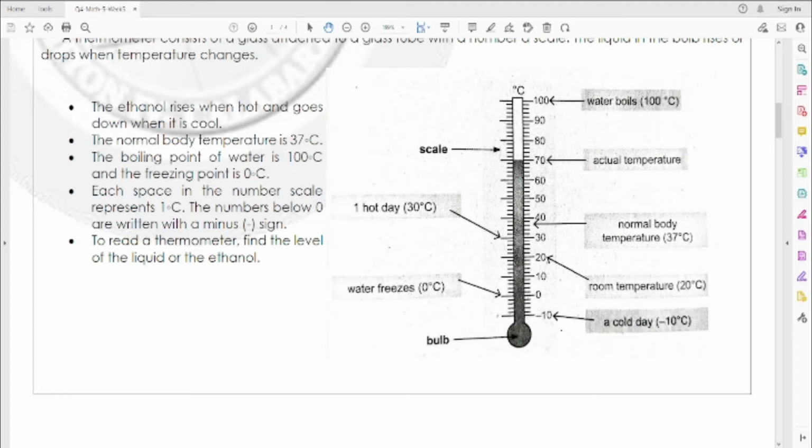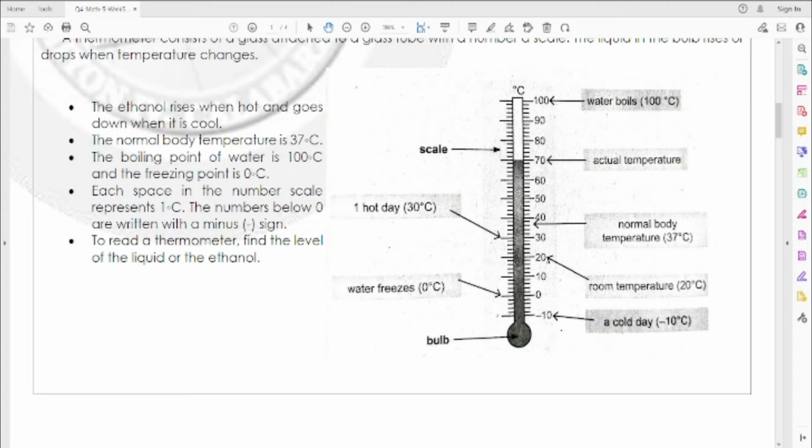When it is 0 degrees Celsius, water may freeze. When the reading reaches 100, water tends to boil. When it reaches 70, the reading of this thermometer is 70 degrees Celsius.